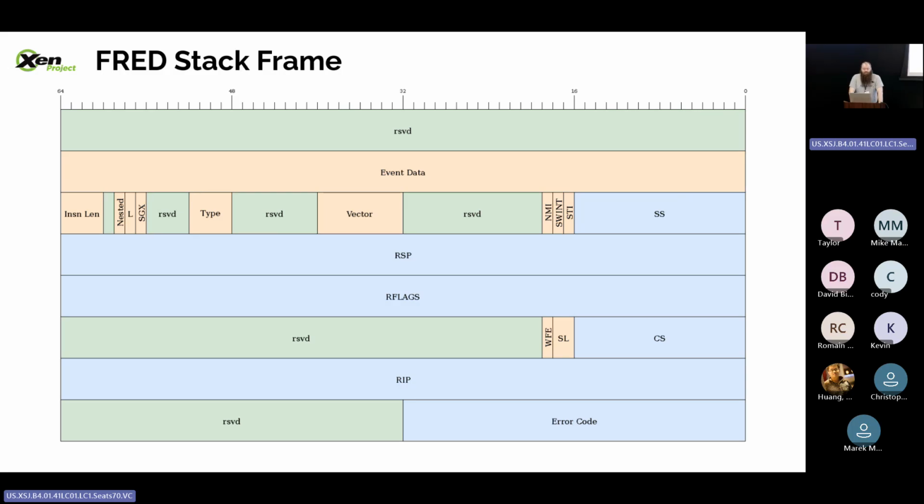You've got the vector, you've got the type, you've got the instruction length. All of that is metadata that previously we either didn't have at all and had to figure out, well, all of it we had to figure out ourselves. Some of it we were capable of figuring out, and some we genuinely were not capable of figuring out. So all of this metadata is now provided for us.